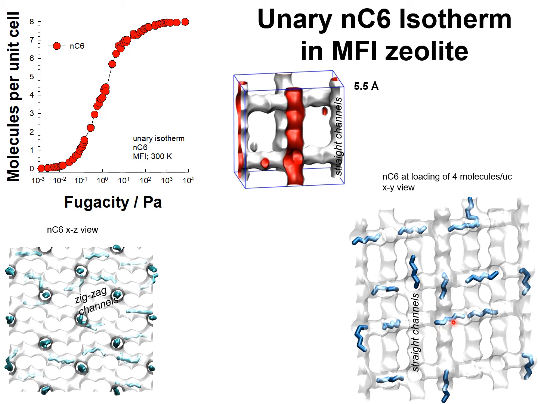Per unit cell of MFI zeolite, there are 4 intersection points and a total of 8 normal hexane molecules can be accommodated within the MFI framework at saturation conditions.